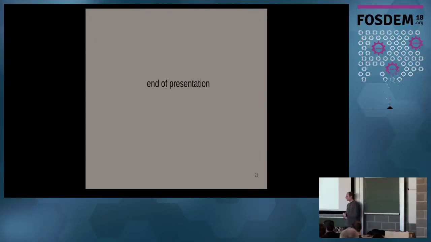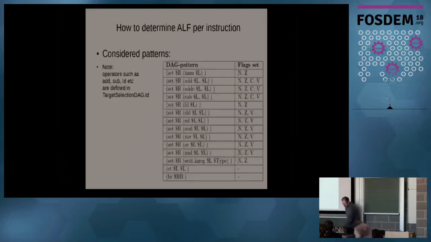Sort of? I think there's some misunderstanding here. When you say you assume the flag, did you assume a specific value for the flag, or did you consider both possible values? Oh, I meant I assume the existence of these flags. For example, these are all the patterns I considered. Each instruction in TableGen has patterns defined, like setting a register with add.